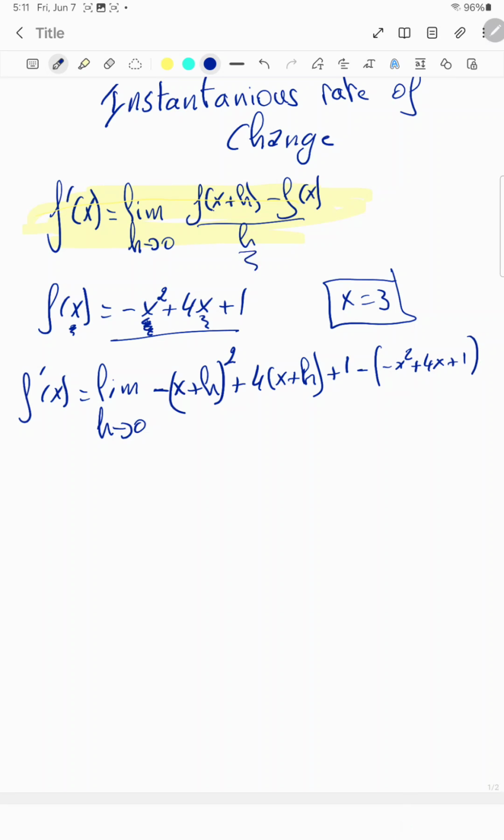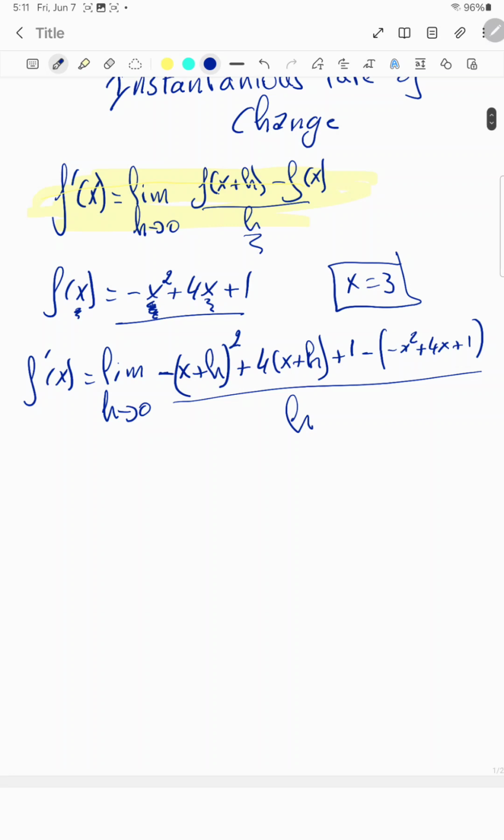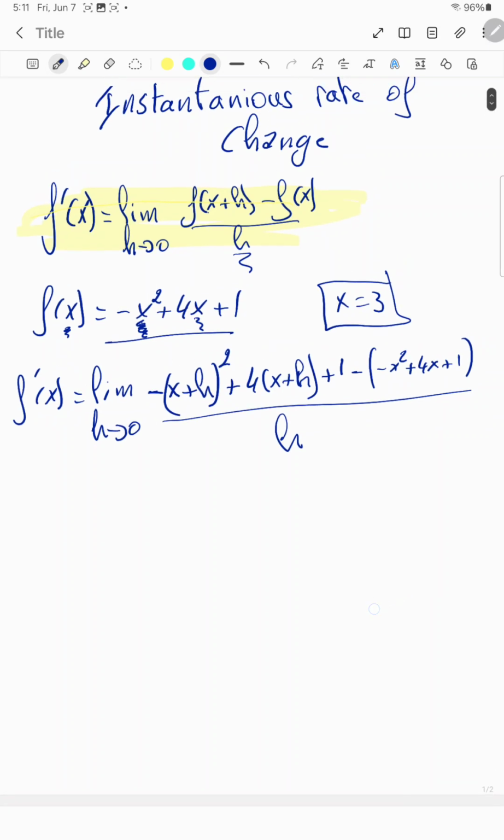And I have to divide it by h here, so all I have to do is divide this by h. Now let's develop whatever I have, my limit here. So this is equal to the limit when h goes to 0, x plus h squared, I have the minus, I will keep it, I'll open two parentheses, is x squared plus 2xh plus h squared, because it's like a plus b squared, which is equal to a squared plus 2ab plus b squared.